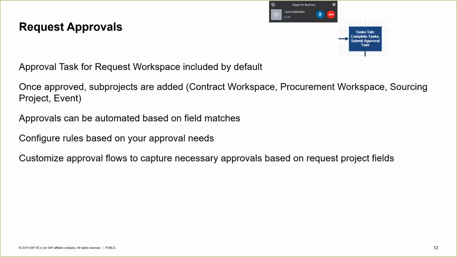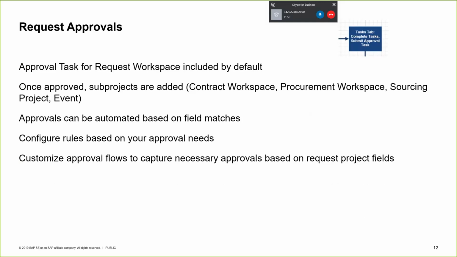When we look at the request approvals for this step, the approval task for a request workspace is included by default. When we look at any out-of-the-box Ariba templates for a request, the approval task is available. In my demonstration, I'm going to show you how to create the request from scratch.